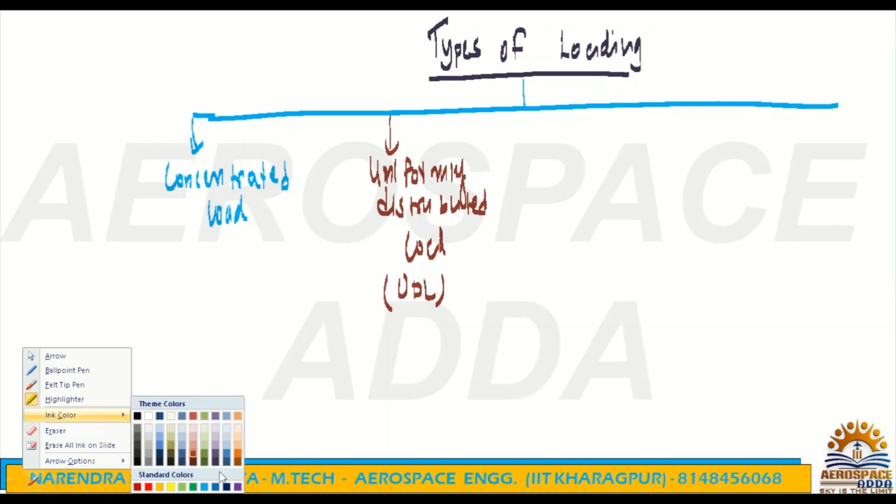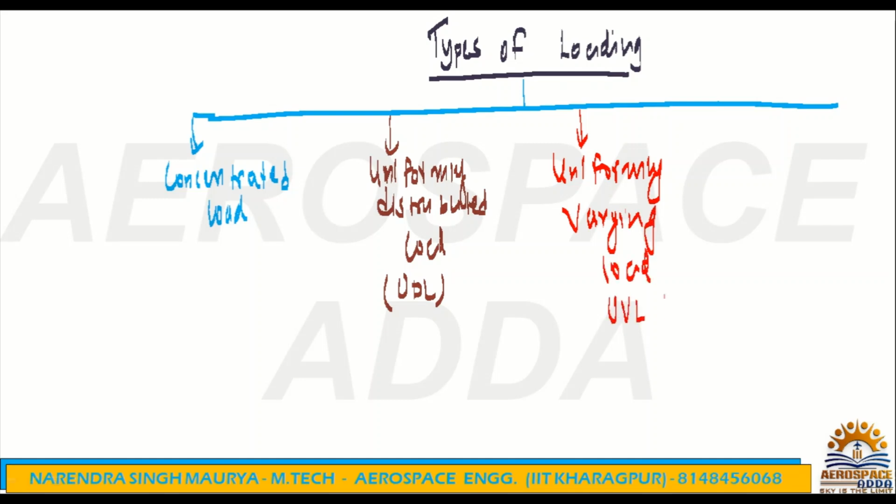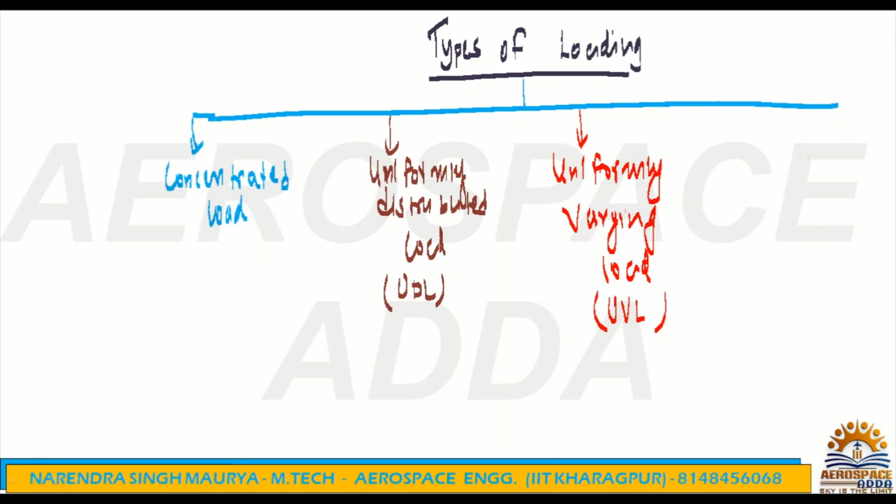Third one is uniformly varying load, UVL. And the last one, what we have, is the bracket load. It's a special type, so we'll see bracket load.